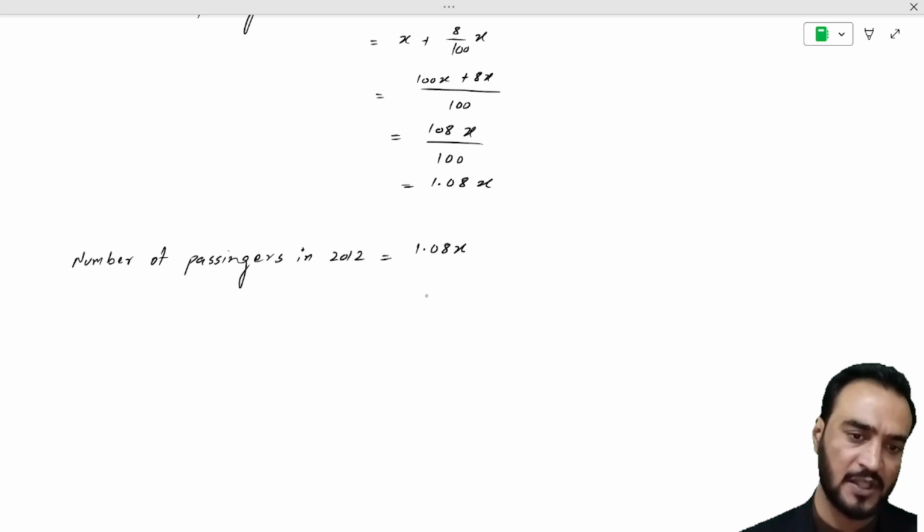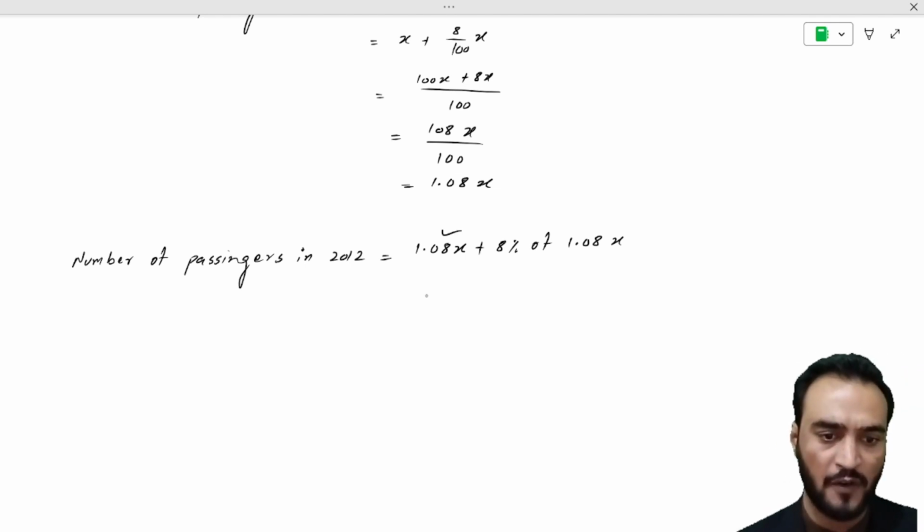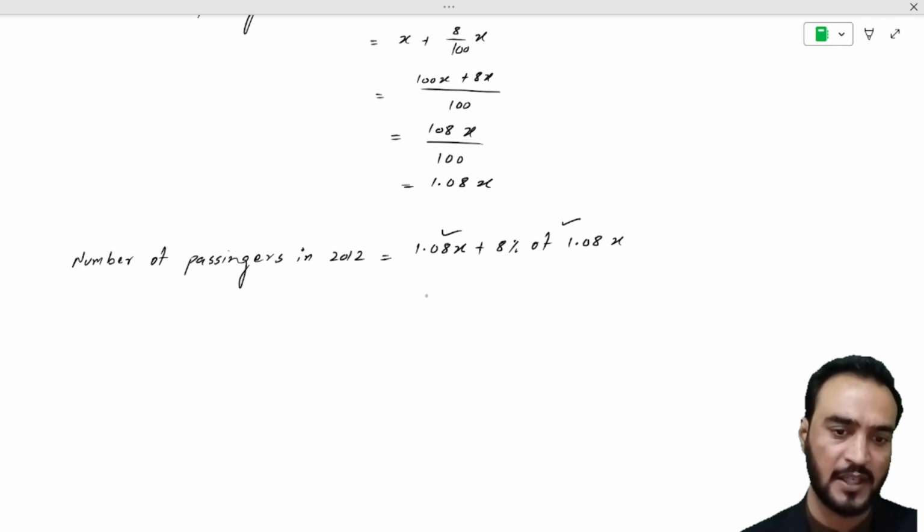This is the number of passengers in 2011. So we add 8% more to this value. So 8% of 1.08 times x. We add 8% more of the number of passengers in 2011. So this is the value of the number of passengers in 2011, and we add 8% more of this value. Let us solve this.